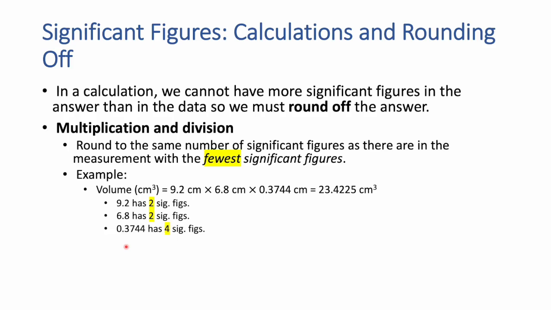And 0.3744 has 4 sig figs. So the fewest significant figures in all of our measurements will be 2. Therefore, our final answer, this 23.4225, needs to be rounded so it only has 2 significant figures, and that would be just 23.